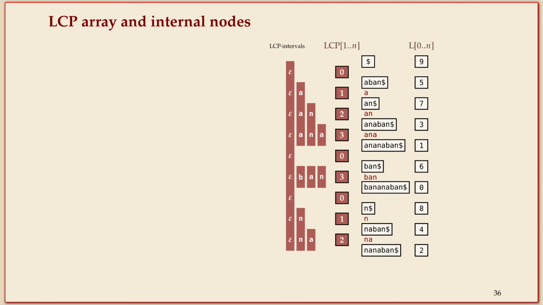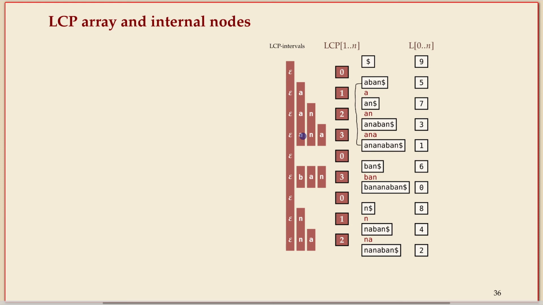Now, if you don't just look at adjacent suffixes, but a whole range, say from here to here, all these 4 suffixes start with an A. So in a sense, there's a plateau where they all share an A as a common prefix.